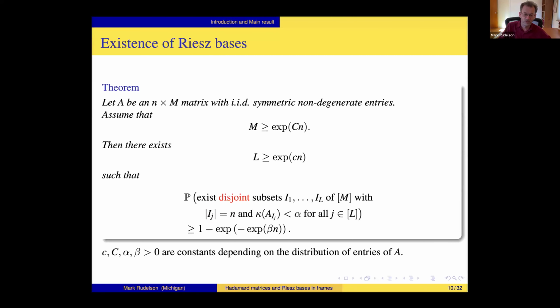And this happens with very high probability. Here, very high means not the usual exponentially close to 1, but double exponential.